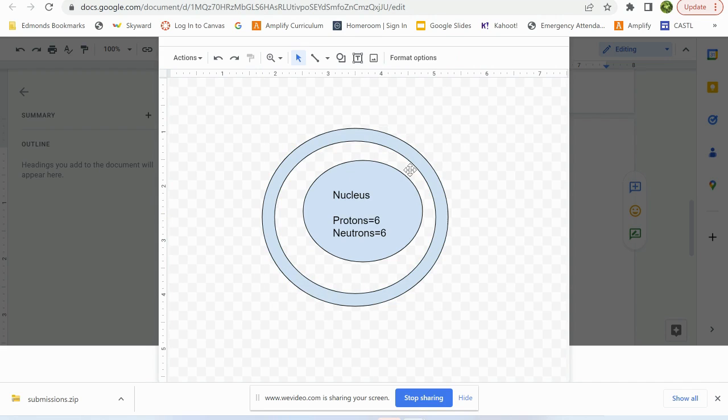So we have our electron shell. This first electron shell is smaller, and it can only hold 2 electrons. The next electron shell can hold up to 8.